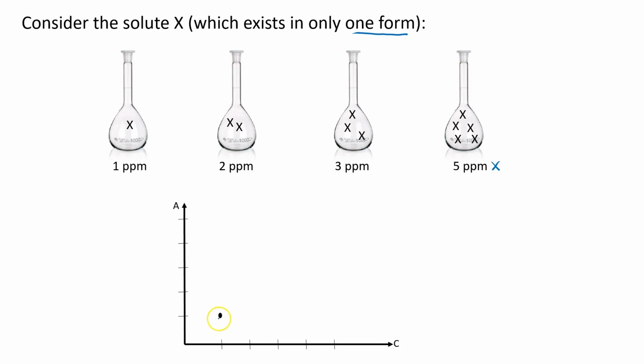Here is the signal for 1, here is the signal for 2 parts per million. There it is for 3, and there it is for 5. Look how beautiful. Everything is normal. We have a nice straight line because our solute exists in only one form.